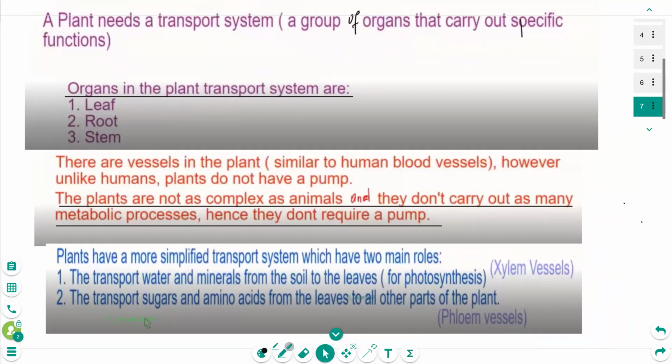It has to transport water and minerals from the soil to the leaves. So that's one thing the plant is trying to transport, water and minerals. And then it's also transporting sugars that are made in the plant. So those are the two things that plants are trying to transport: water and minerals, and sugars and amino acids.